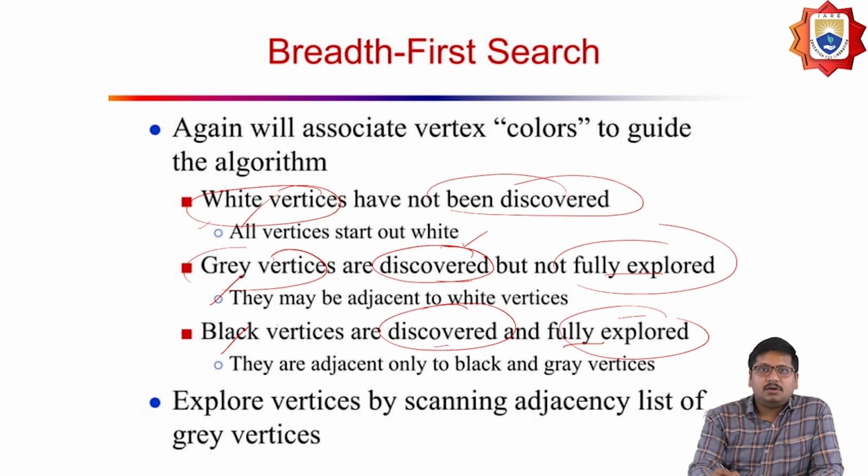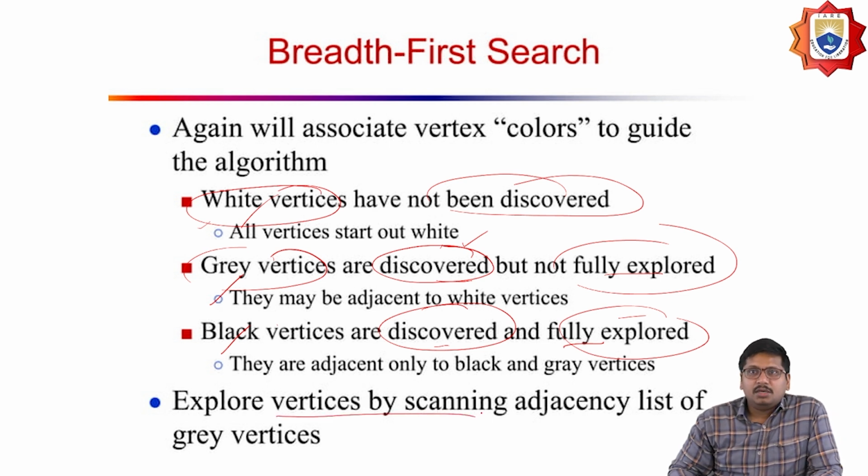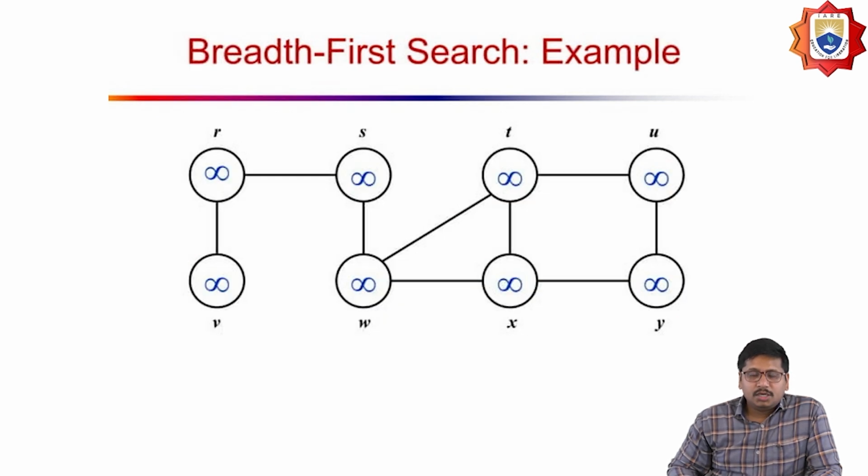All the vertices are stored using an adjacency list. So let us consider a graph here. In this graph, first of all, I have to mark infinity for all the vertices of the graph.